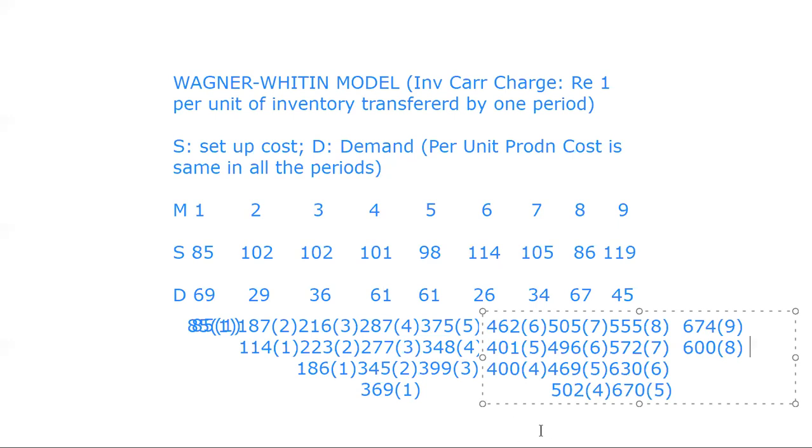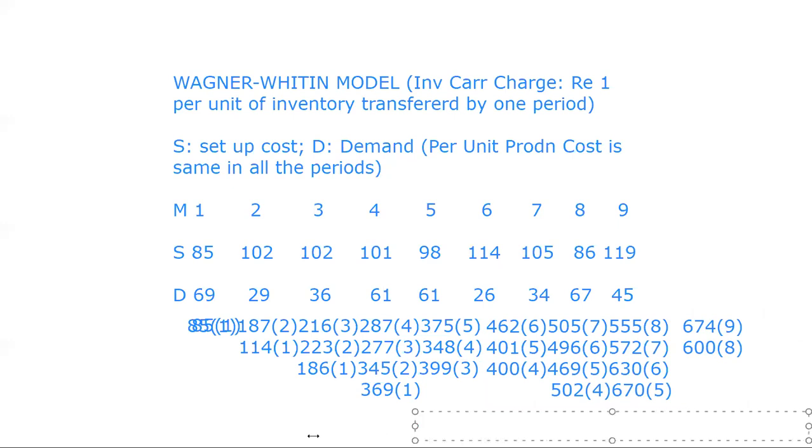And what are my production schedules? Where do I produce? For the 9-period problem, I produce in period number 8 and transfer it to period number 9.